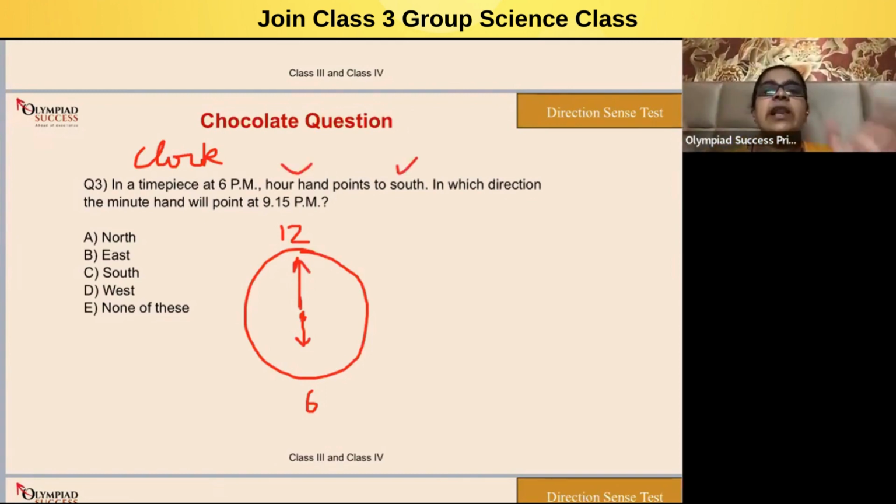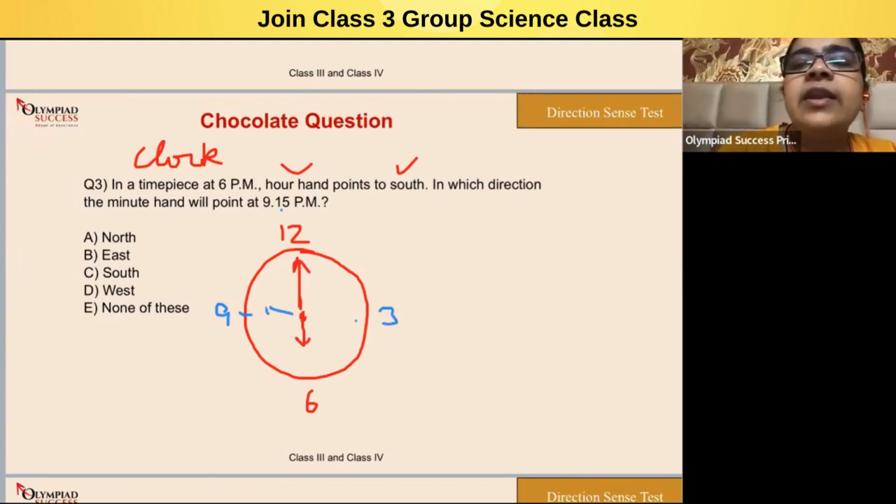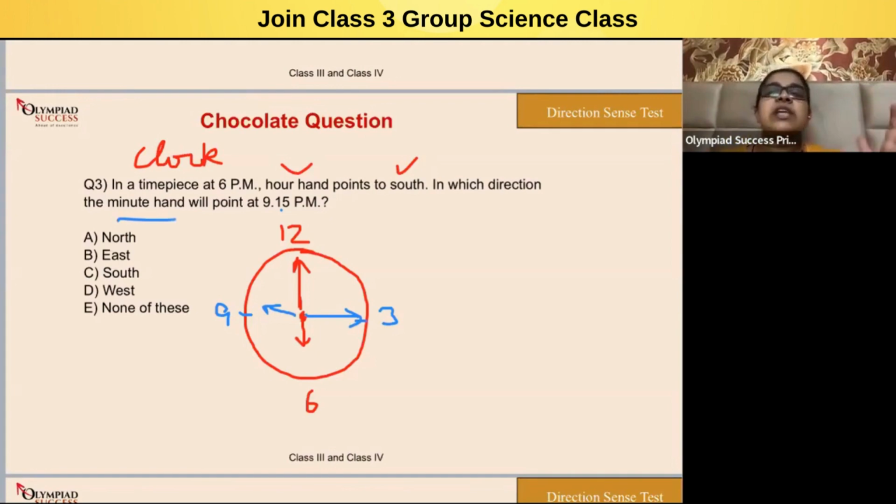So the first line helps me to understand whether I'm talking about a normal clock or an upside down clock. Since I'm talking about a normal clock, 9:15 will be somewhere a little ahead of 9 and exactly at 3. So the direction of the minute hand is towards 3, and 3 is in the east. So the answer for this question will be east.